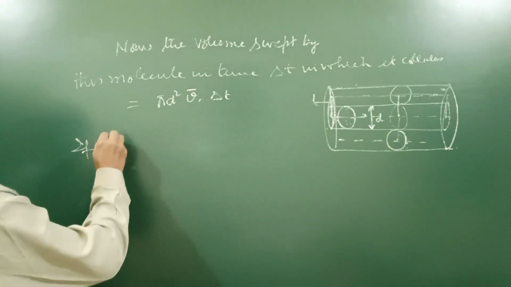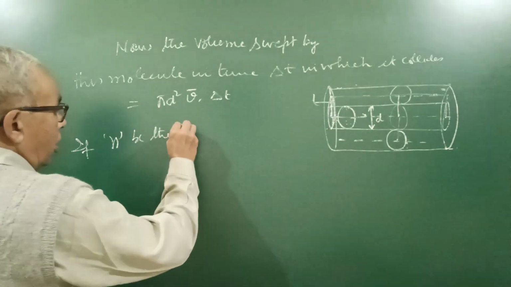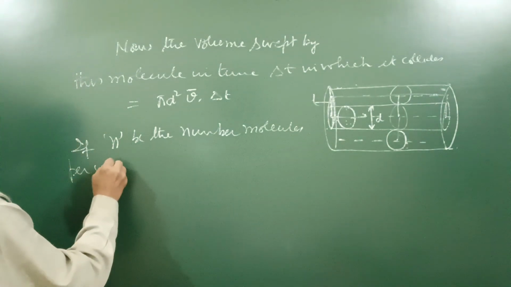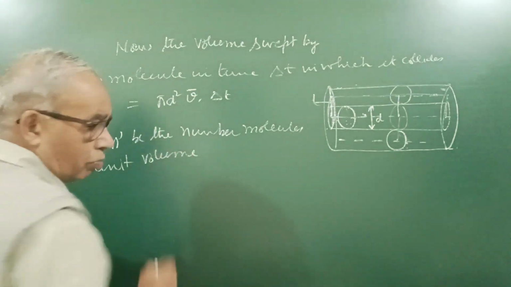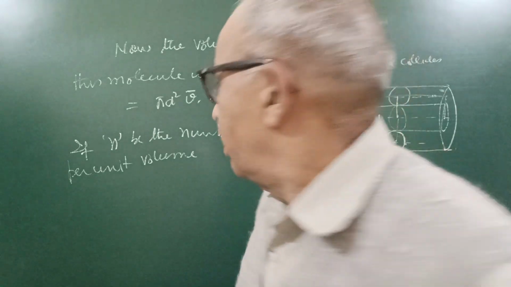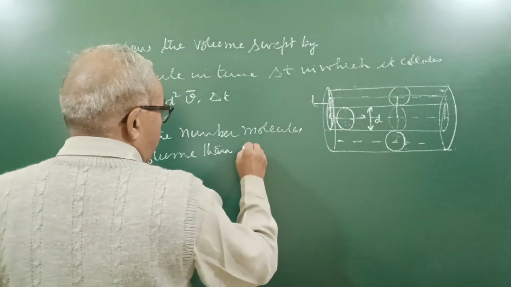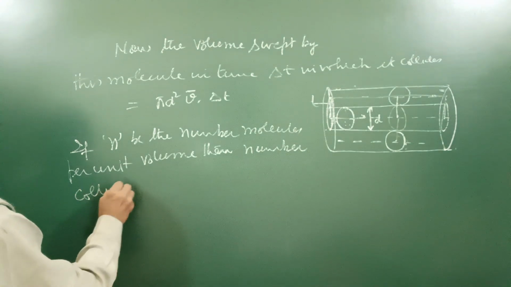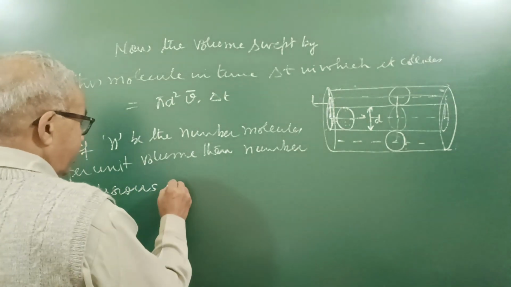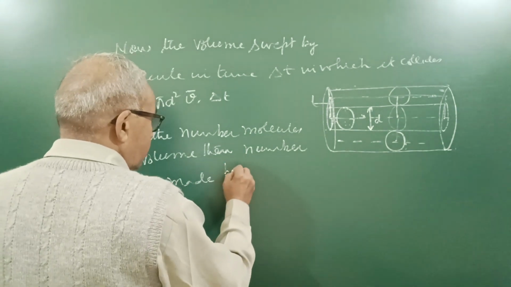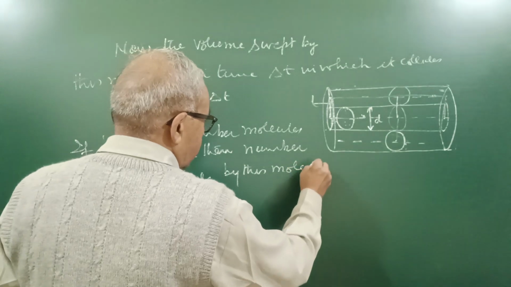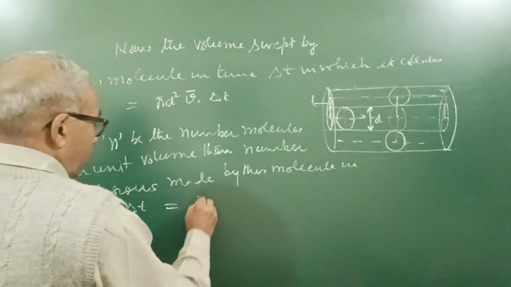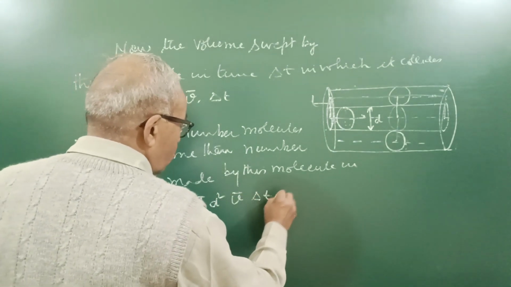If small n be the number of molecules per unit volume, then the number of collisions made by this molecule in time delta t is equal to pi d square v bar delta t into n.